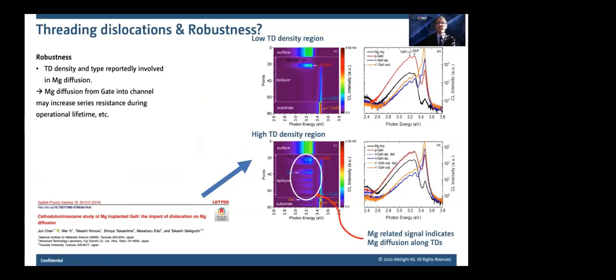And we very clearly see a magnesium-related signal that indicates diffusion along threading dislocations when we have a high density of threading dislocations. So this in turn directly means that we have to control the dislocation density together with the magnesium concentration in order to get an understanding of how magnesium diffuses from the gate into the channel, and hopefully to avoid this type of effects.